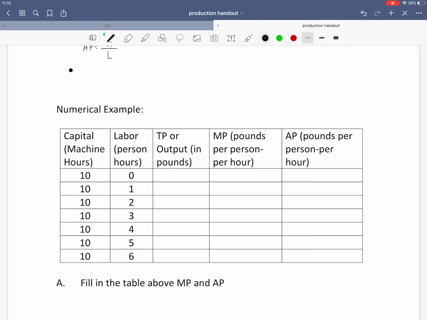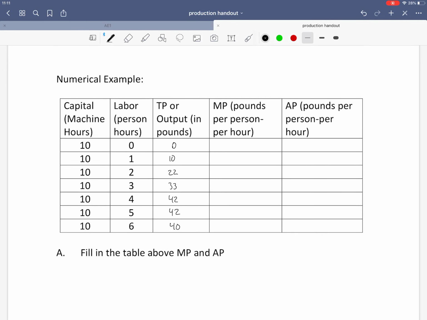So typically I will give you the amount of capital that we have, our labor, and let me go ahead and just put in our total product. So these are just arbitrary numbers. And given our total product, once again, it's just telling us based on the amount of machines that we have. So actually, let me make this a little bit easier.